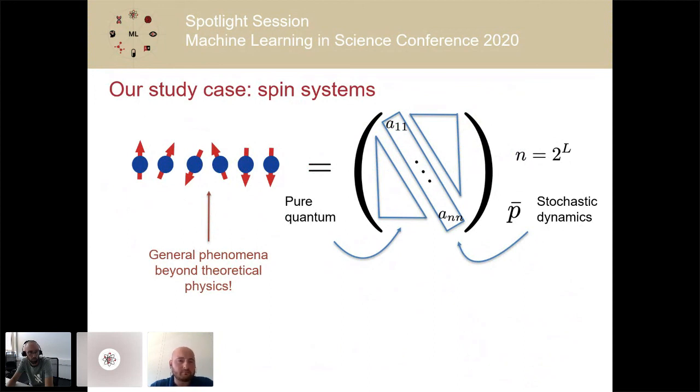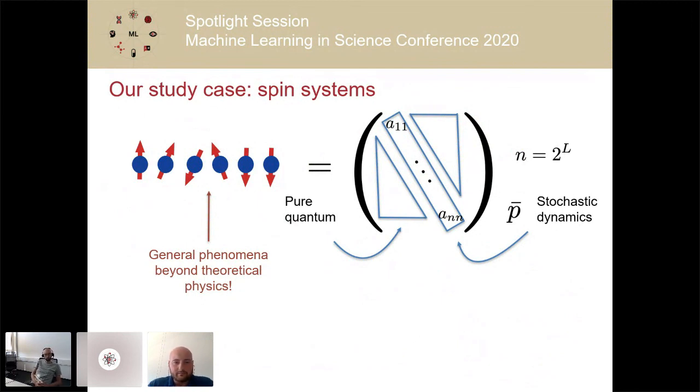This is arbitrary, and this kind of system finds application in several different fields in physics, from information theory to quantum statistical physics, but they have application also beyond the realm of pure theoretical physics. For example, the classical counterpart can be employed also in neuroscience.